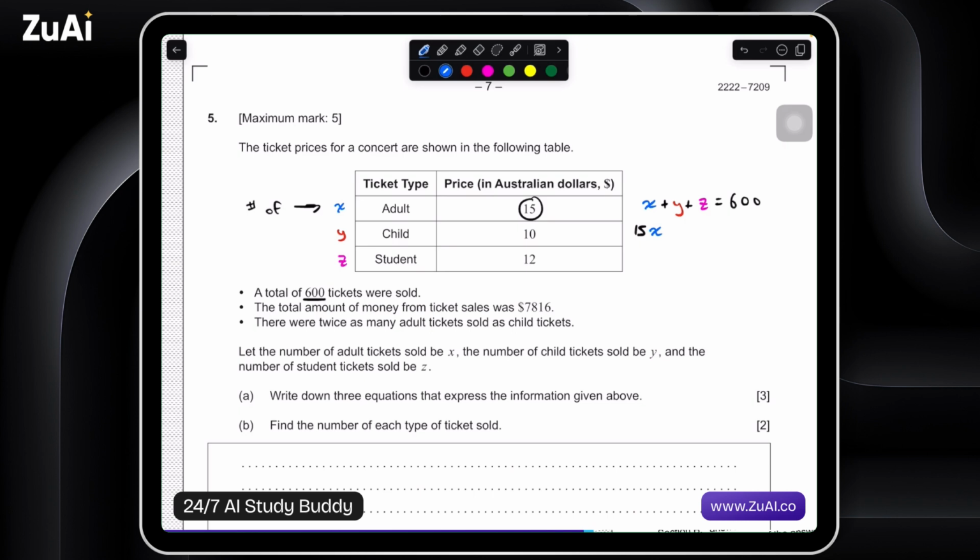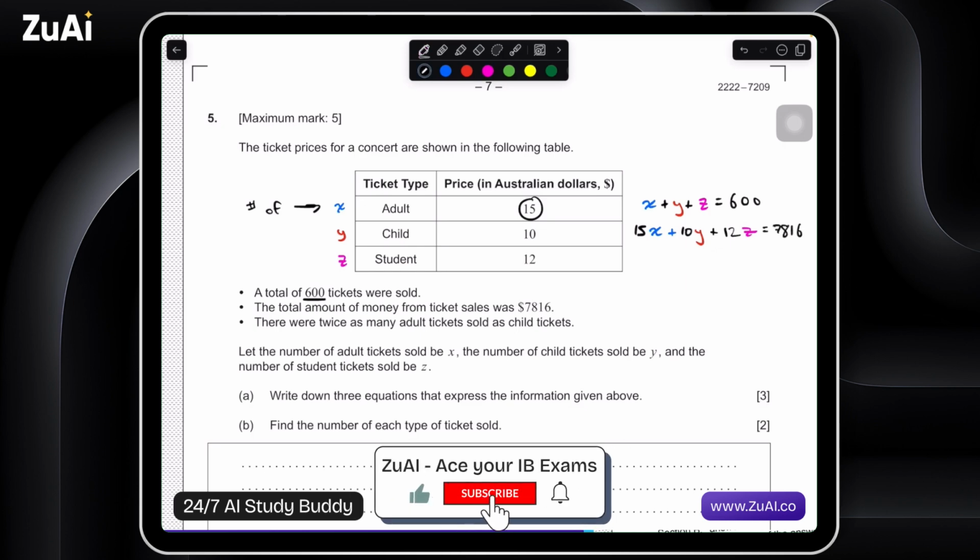So $15 for every adult ticket, plus $10 for every child ticket, and then we also have $12 for every student ticket. And altogether, that should equal $7,816. It's the number of tickets of each type that we're selling.